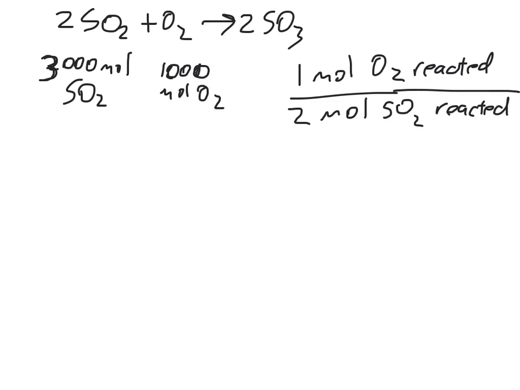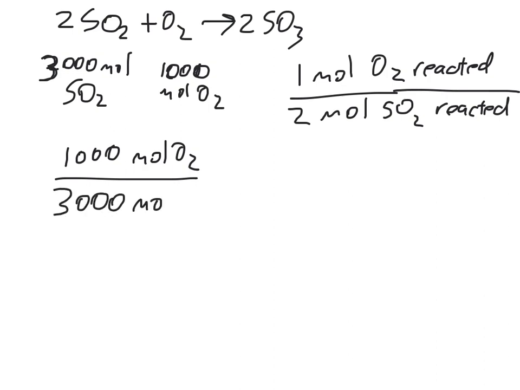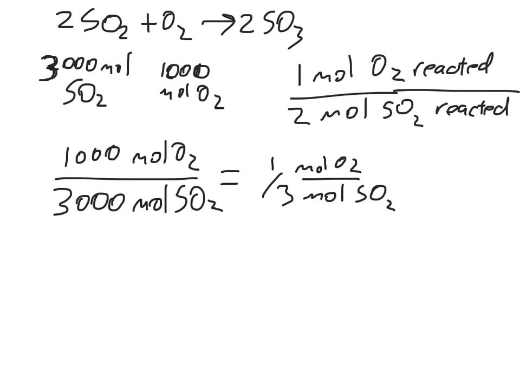Well, if we take our ratio here of 1,000 moles of O2 for 3,000 moles SO2, that's basically 1/3. So it's 1/3 mole O2 per mole SO2. So what we do from here is we look at these numbers here.